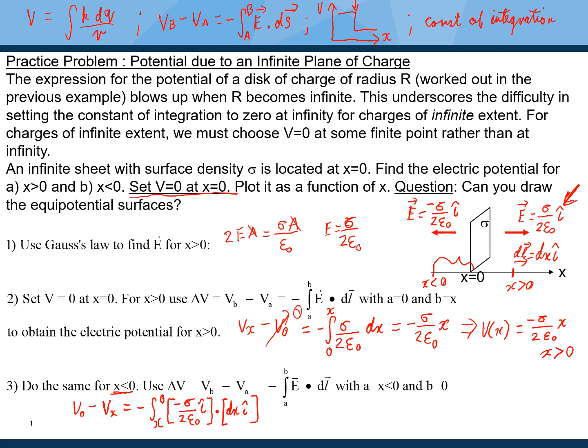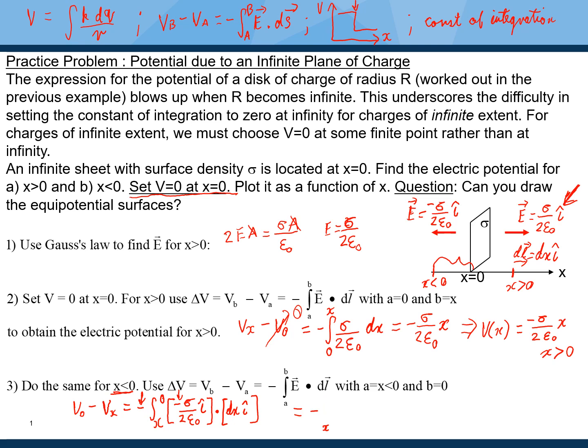So we get, as our integration, minus the integral from x to 0 of... notice that I have a minus sign here and a minus sign here, which means that I can go ahead and eliminate the negative sign.